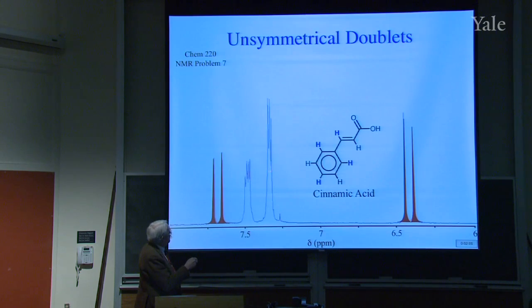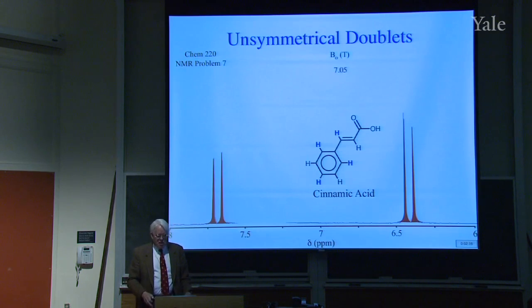And now there's a group of 3 and a group of 2. These are positive and are shifted down. That's the group of 2. The group of 3 here is these 2 plus this one, which would be shifted down because it's positive, but up because it's far from this sp squared carbon. Let's not worry about why that is. But at any rate, that's the benzene ones. But that's not what we're going to talk about here. What we're going to talk about is the clean signals here and here.